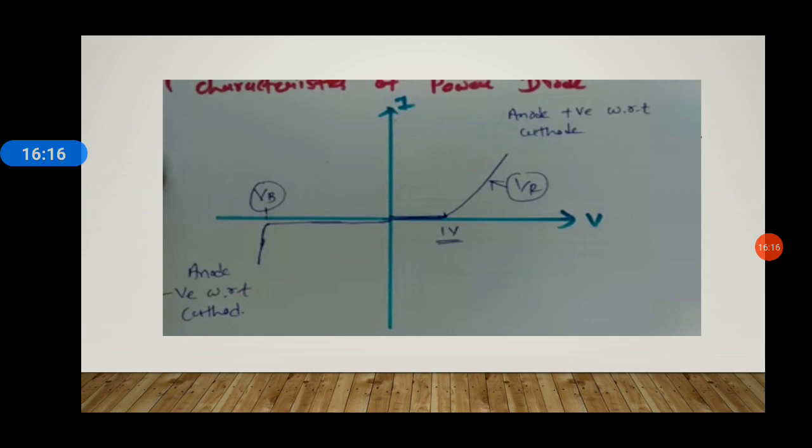But herein what we see is that the forward voltage drop is around 1 volt, and we have a large breakdown voltage VB as compared to your conventional PN junction diode.